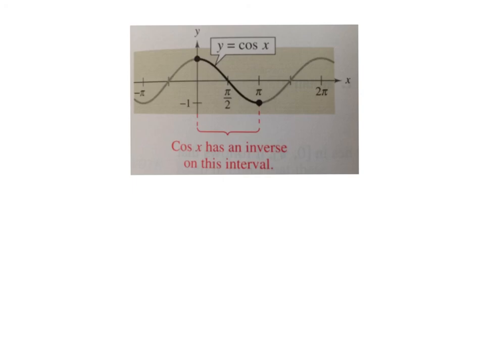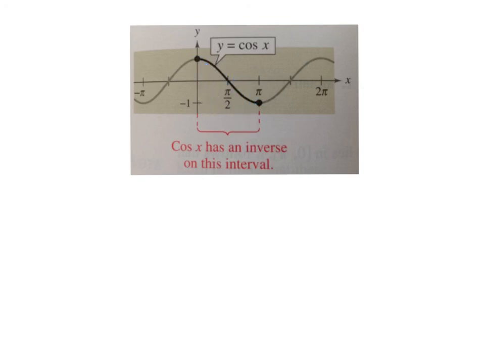Okay, so for cosine, you see that we end up limiting the domain from 0 to pi, and that works fine for us because all of the values from 1 to negative 1 are being hit for the y values. Okay, this passes the horizontal line test since we've restricted it to just this area.